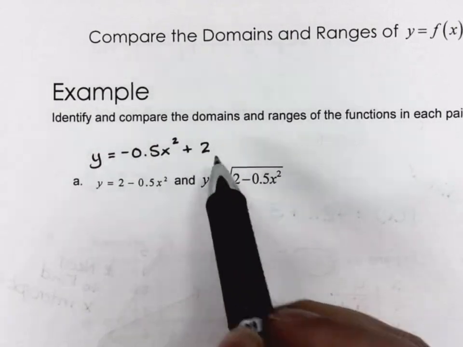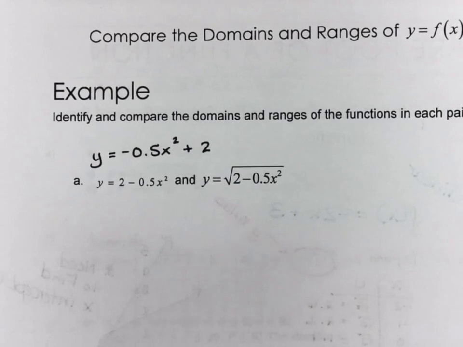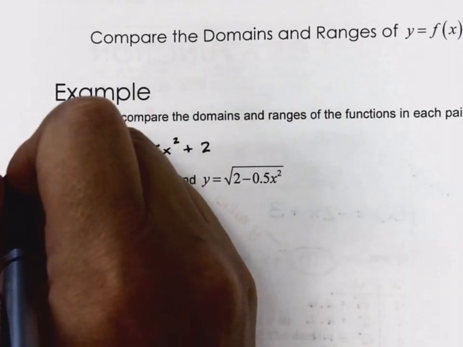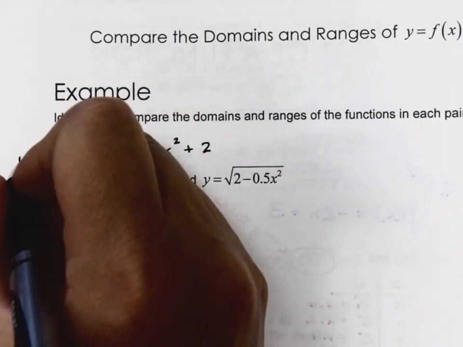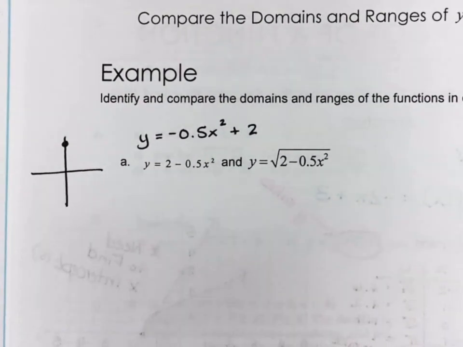So what I'm going to do is look at this, and I'm going to picture this graph. What do I know about this graph? I know it opens which way? Down. Where's my vertex? 0 and 2. So I know that I have a vertex at (0, 2), and I know that it opens down. Everybody good with that?